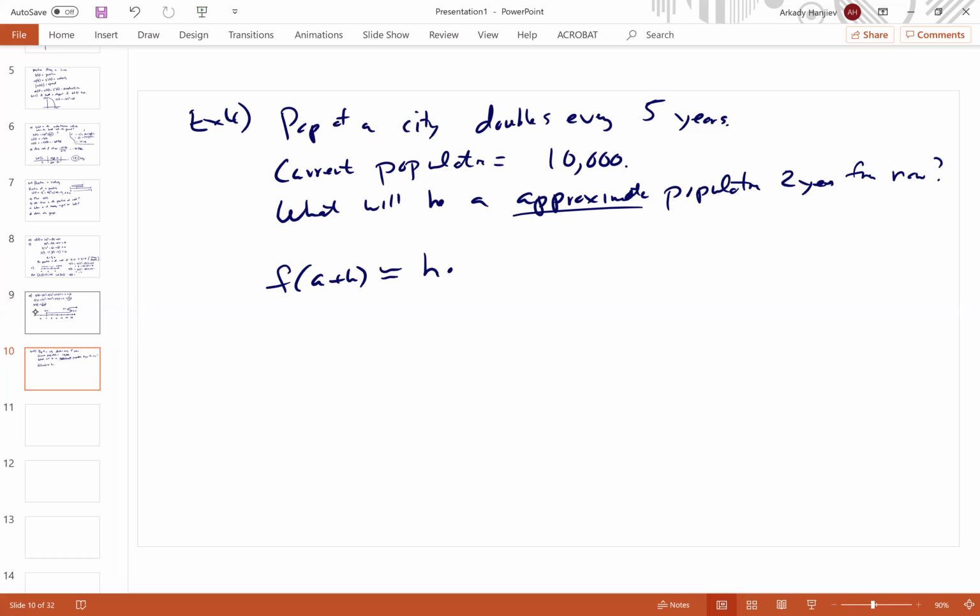H times f prime of a plus f of a. Okay, I think that's our little formula. Do we know what we need to know? Yeah, H is going to be 2 years, right? Because it's 2 years from here.